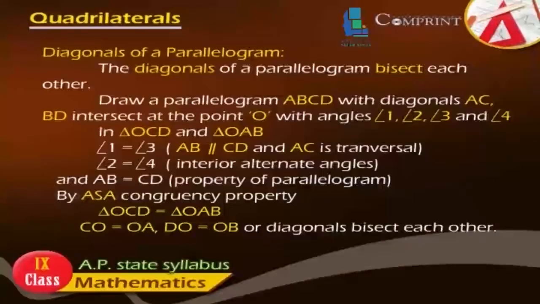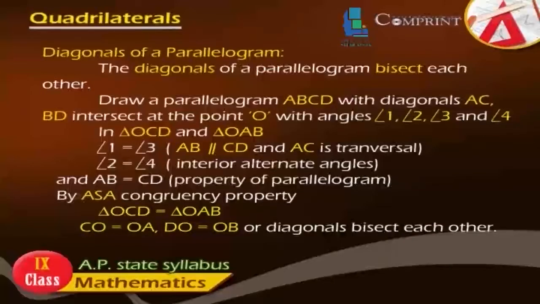In triangle OCD and triangle OAB, angle 1 is equal to angle 3, as AB is parallel to CD and AC is transversal. Angle 2 is equal to angle 4, which are interior alternate angles, and AB is equal to CD, which is the property of a parallelogram.